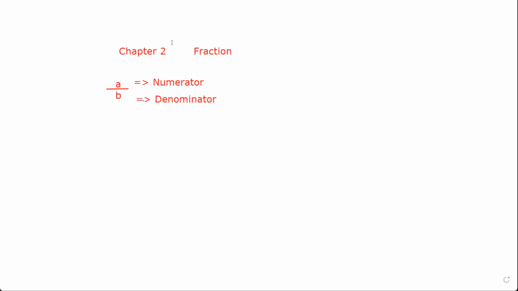And this a and b collectively form what is called a fraction. If we combine these, a upon b, this is called a fraction.